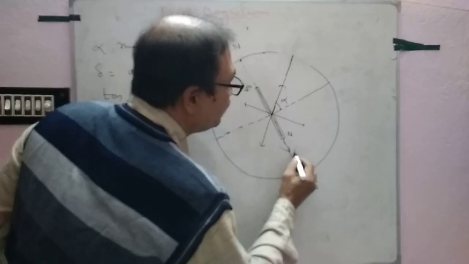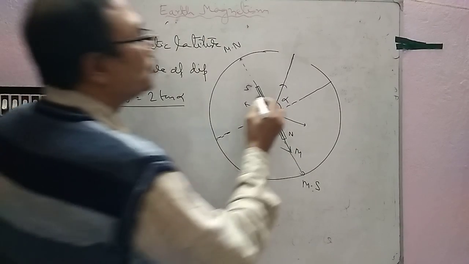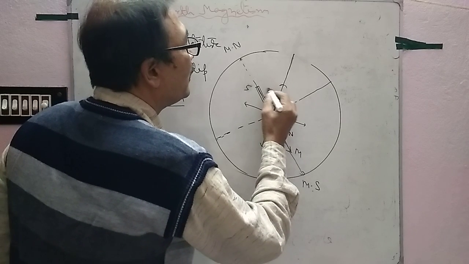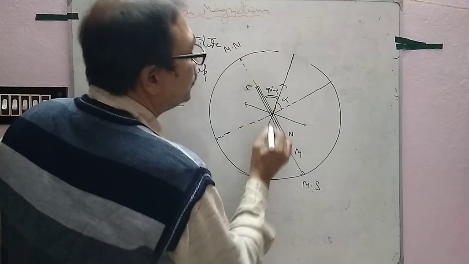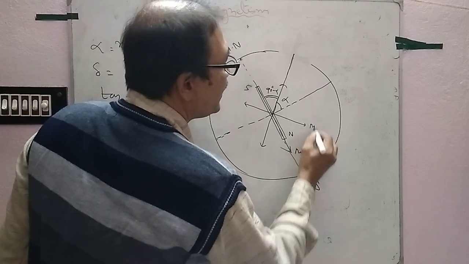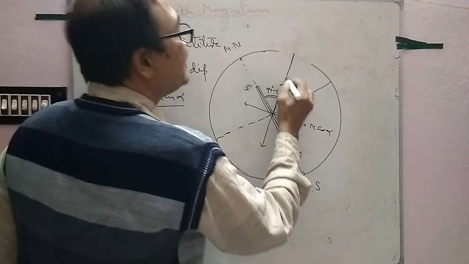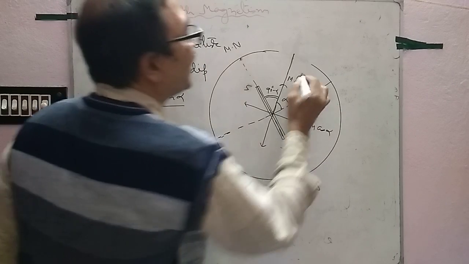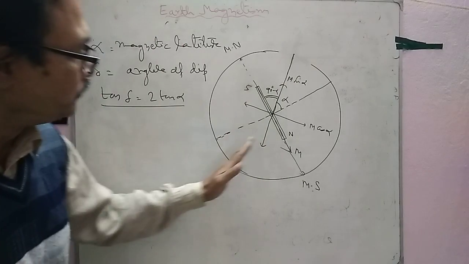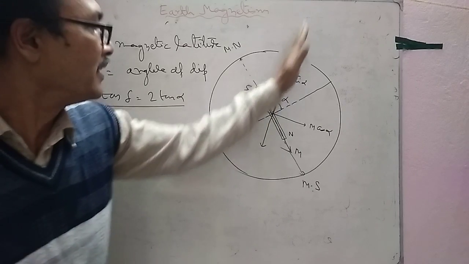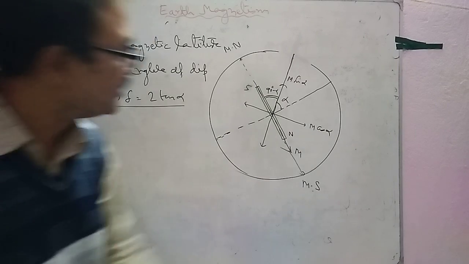The magnetic moment is M, and this is alpha, so this angle is 90 degrees minus alpha. So in this direction the component is M sine alpha, and in this direction M cos alpha. If we resolve the magnetic moment into two components, towards the axis M sine alpha, and perpendicular to this direction M cos alpha.